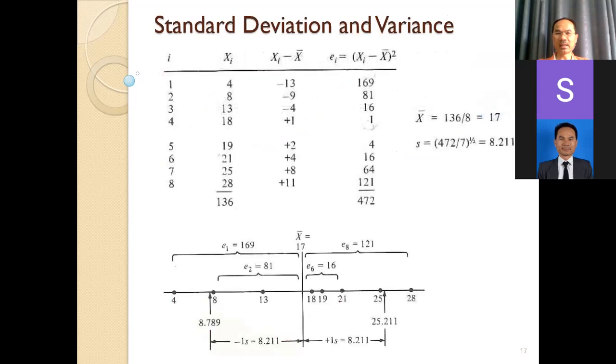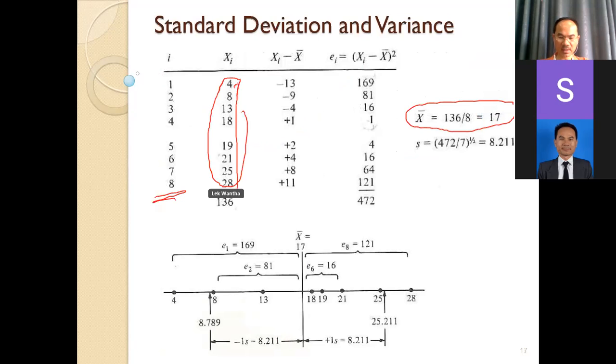For this example, I give you data to calculate the standard deviation and variance. Xi is your data. You can calculate the mean by summing these values and dividing by n.